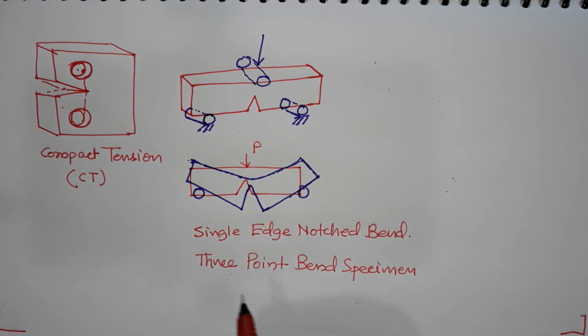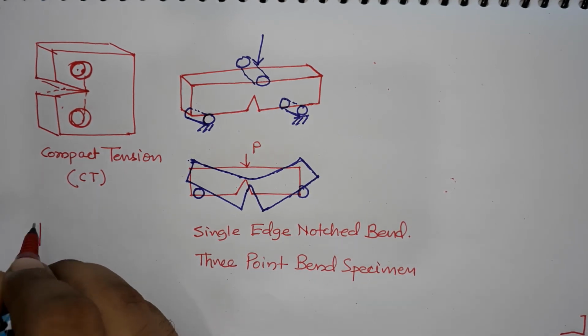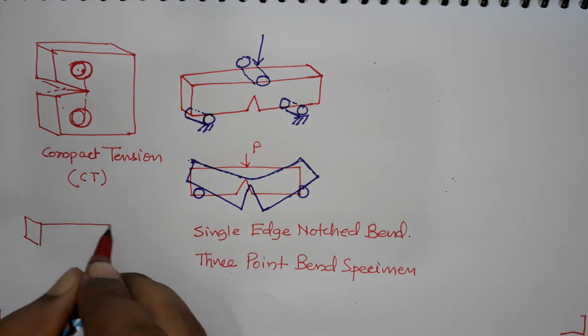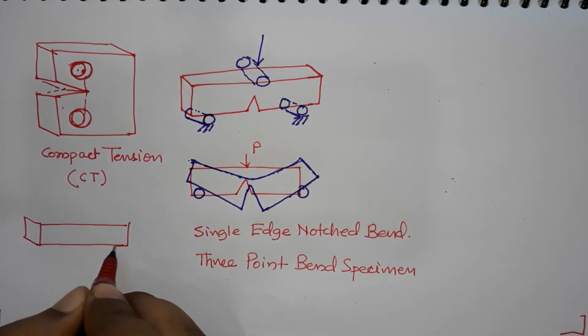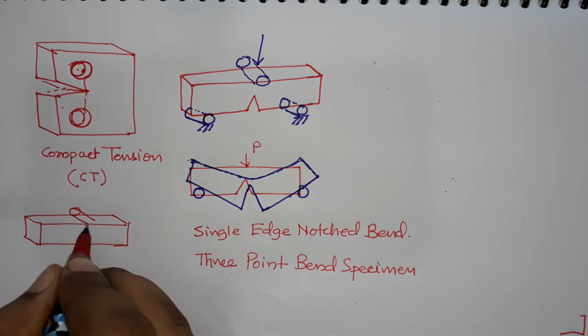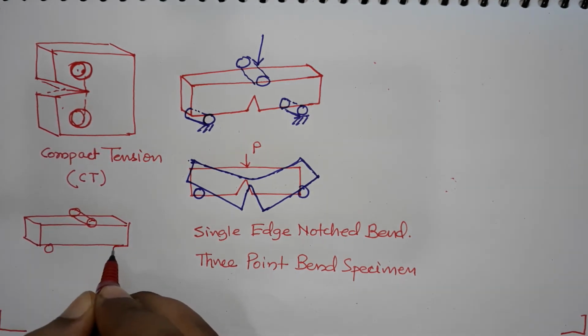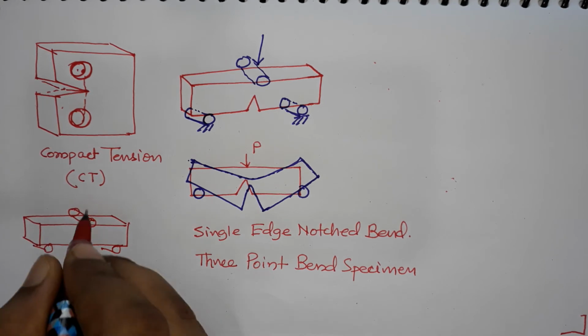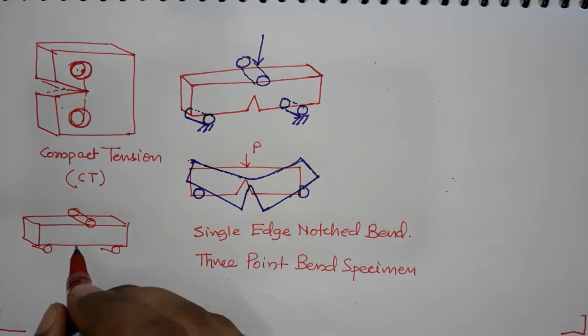You can have 3-point bending for just a rectangular bar which has no crack in it, and that's also a common test. You have rollers here and here, and you bend it similarly, but you do not have a crack.